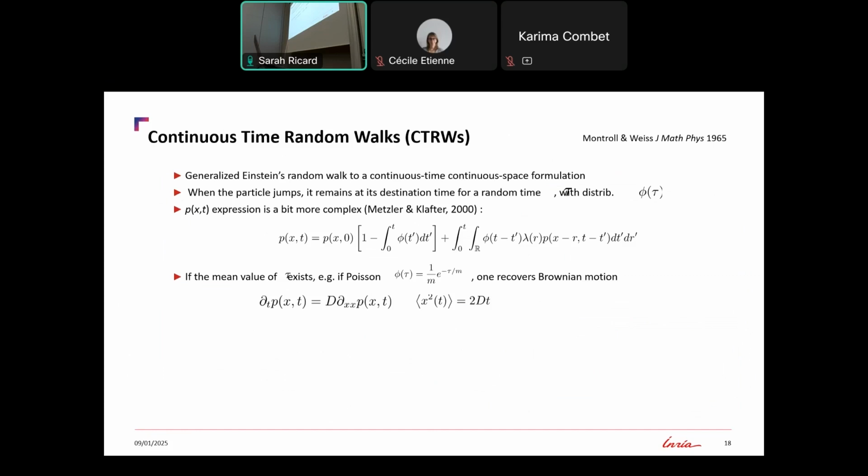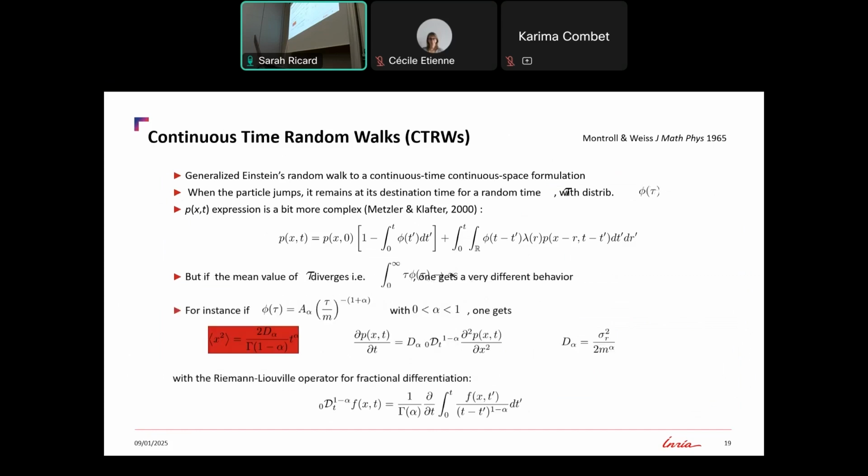Things change when you ask what happens if the mean value of tau, the integral of tau phi of tau d tau, diverges, so you don't have any mean anymore. For instance, if phi of tau is a power law. I won't go into too much detail, but in this case, what you get is that the mean square displacement is proportional to time to some power alpha.